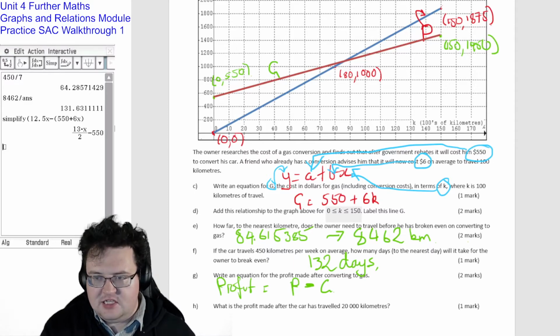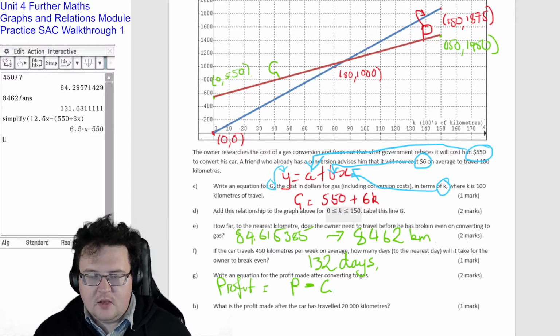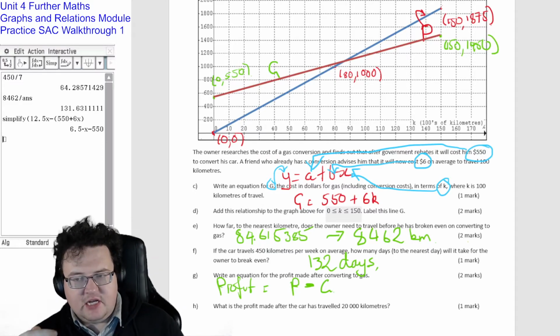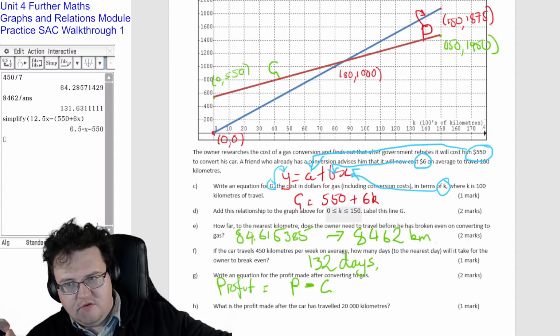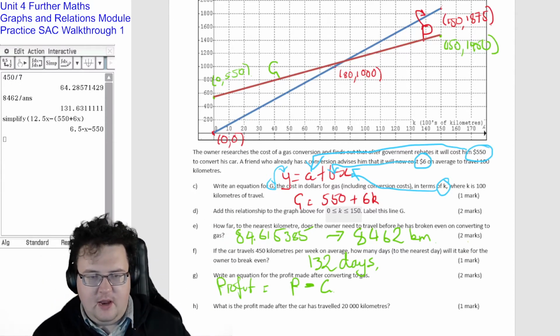And we get this thing here, which, if we convert to decimal, is that. Now, the way our CAS is written, it is in y equals mx plus c form. So to get it into a plus bx form, we simply swap the minus 550 and put it in the front.